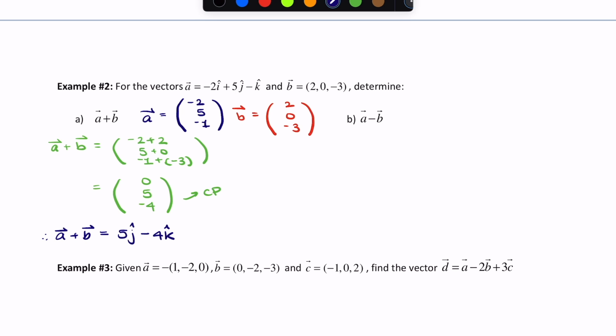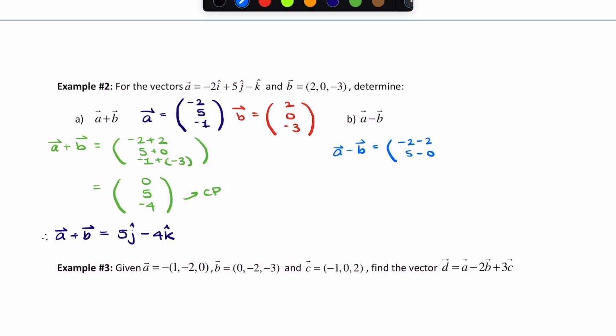Okay, so here for b, we have vector a minus vector b. So again, we have negative 2 minus 2, 5 minus 0.